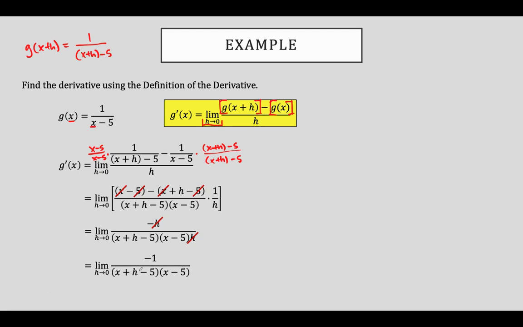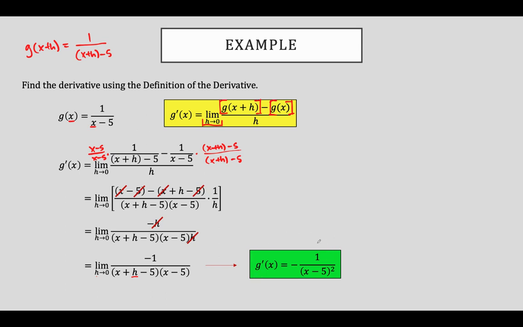We can now evaluate this limit by plugging in 0 for h. Notice we're taking the limit as h approaches 0. And if I plug in 0 for h, I get negative 1 over x minus 5 times x minus 5, or negative 1 over x minus 5 quantity squared.